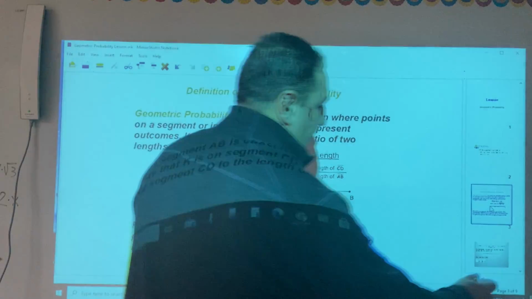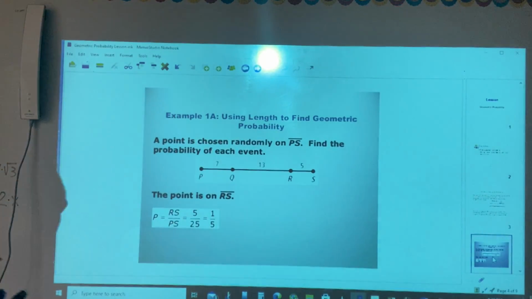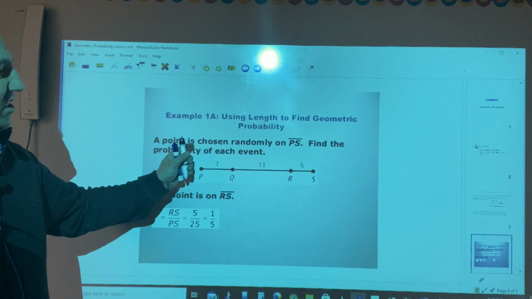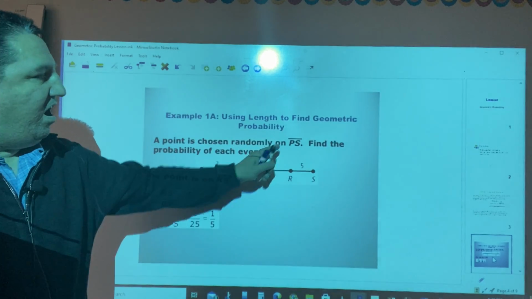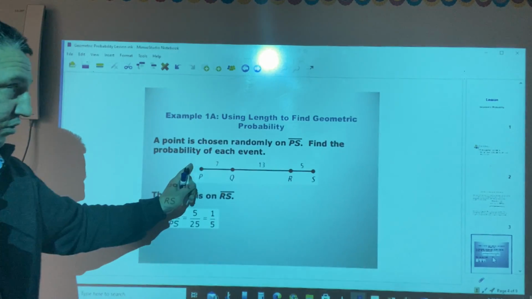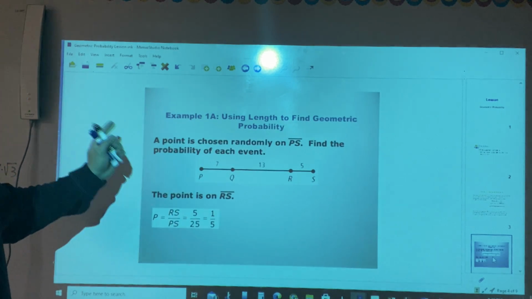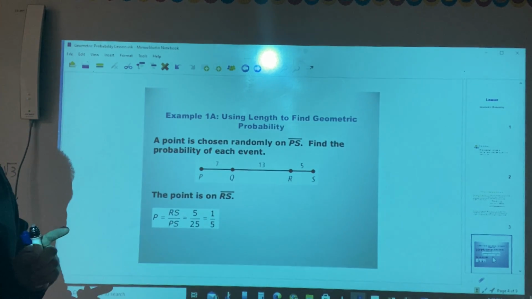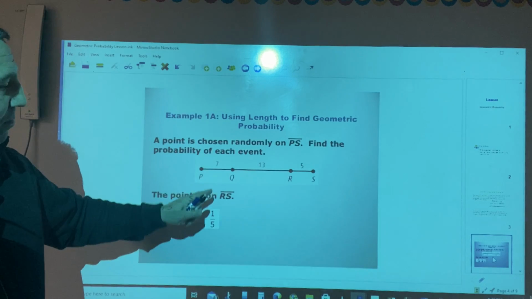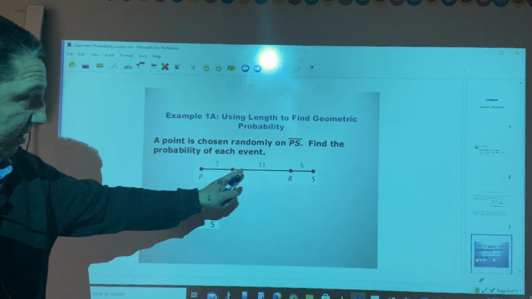For example, a point is chosen randomly on segment PS. Find the probability of having that point on segment RS.